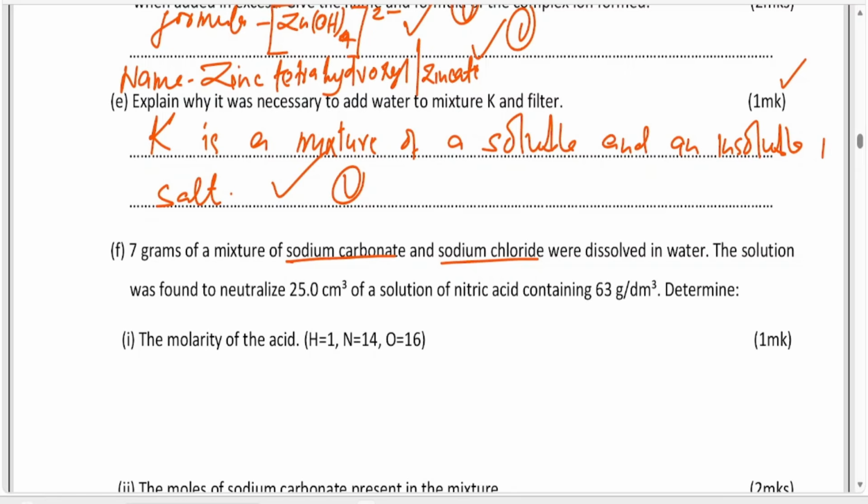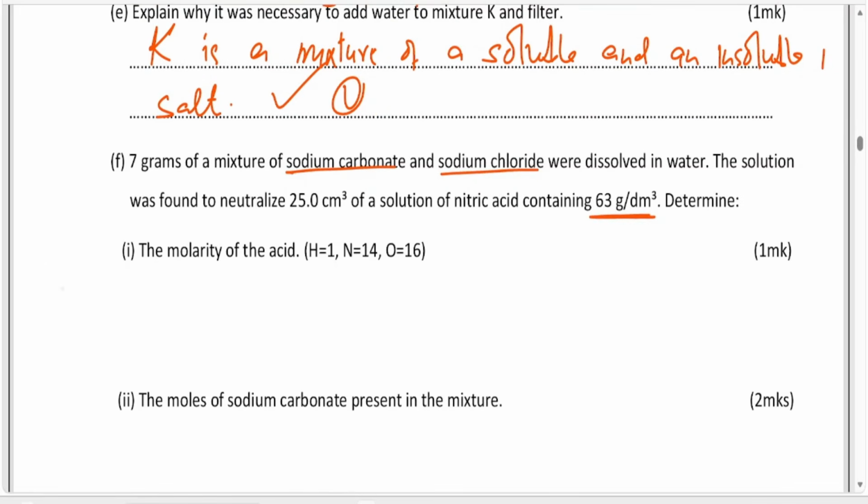We need first to find out the molarity of the acid, and we need to understand that we are already given the concentration of the acid, but in grams per liter. So what we need is just to convert this into moles per liter, which is molarity. In this case, I am going to have the formula of nitric acid, which is HNO3.